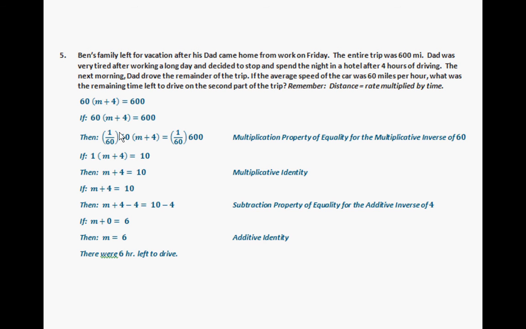Again, stating, now if you did this where you multiplied 60m plus 60m plus 240, you could do it that way. Just make sure you're stating distributive property and then whatever other properties you're using. But you should get to m is equal to 6.